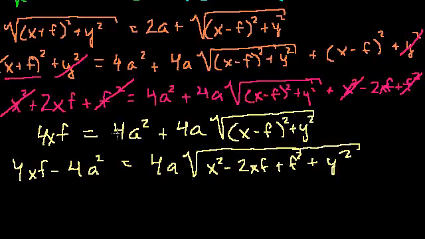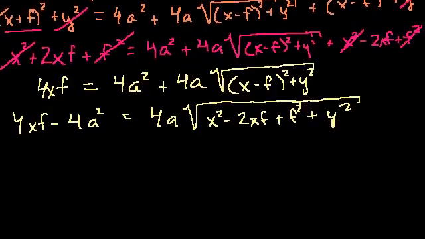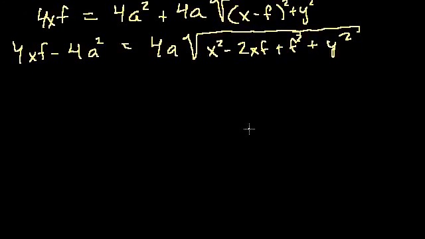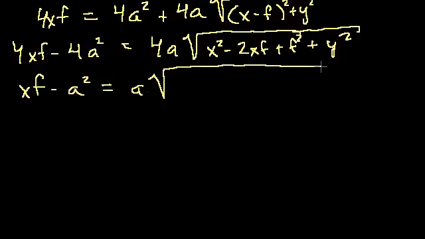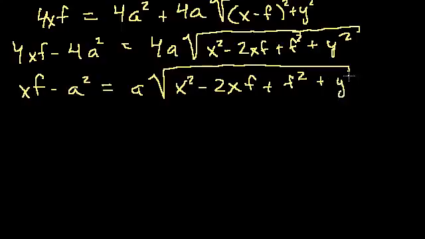That's the y² right there. We could divide both sides of this by 4. All I'm trying to do is simplify this as much as possible. So then this becomes xf − a² is equal to a times the square root of this whole thing, x² − 2xf + f² + y².